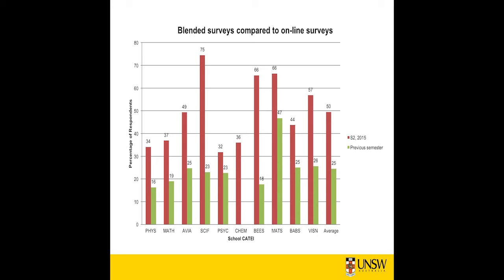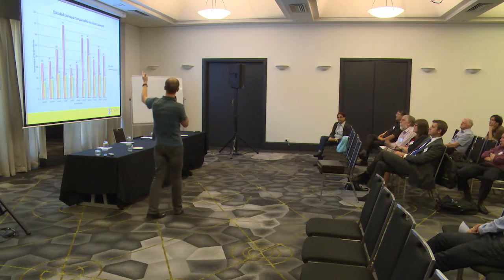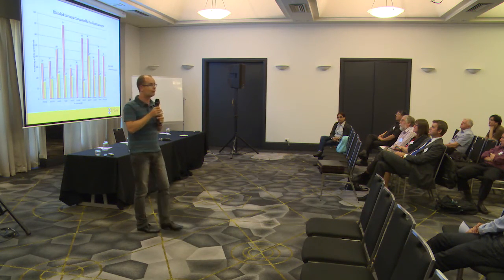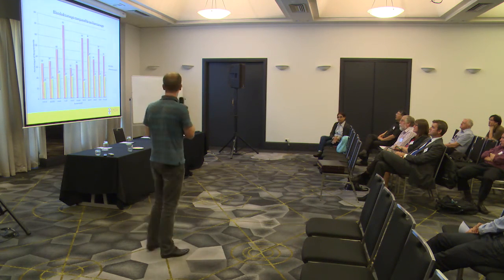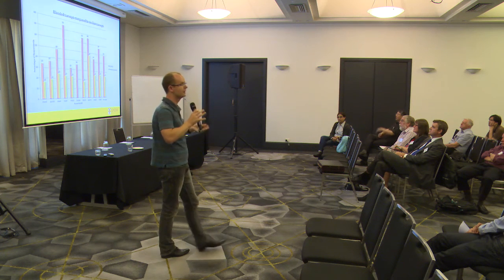So we managed to double the involvement of students in evaluating our courses. It varies from school to school. For some schools it's almost 4 times higher than it was previously. For some schools it's just slightly higher.